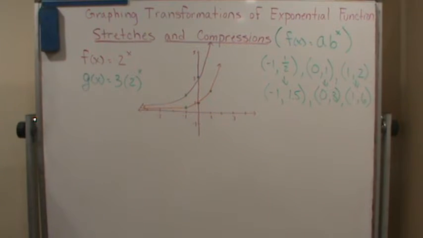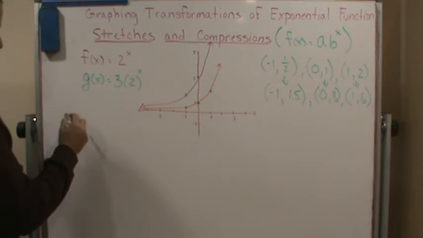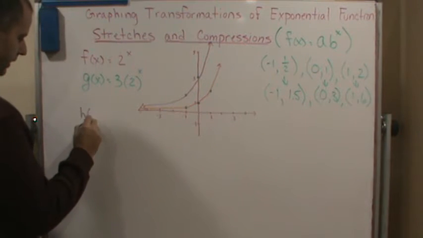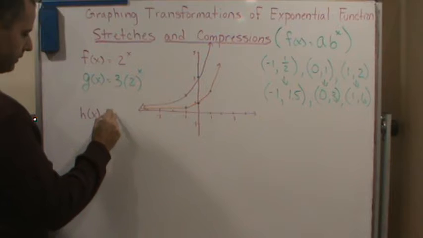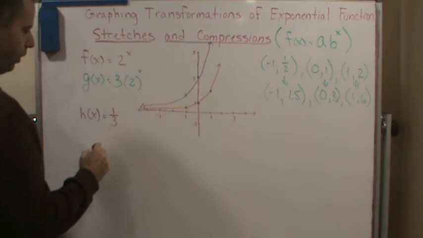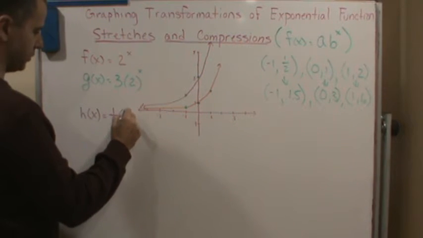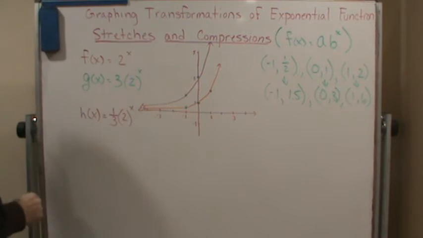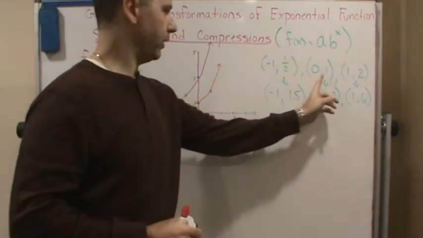Now, what if we multiply by 1/3? Let's take h of x and make that equal to 1/3 times 2 to the x. Well, now we're taking all the y values in these 3 coordinates.